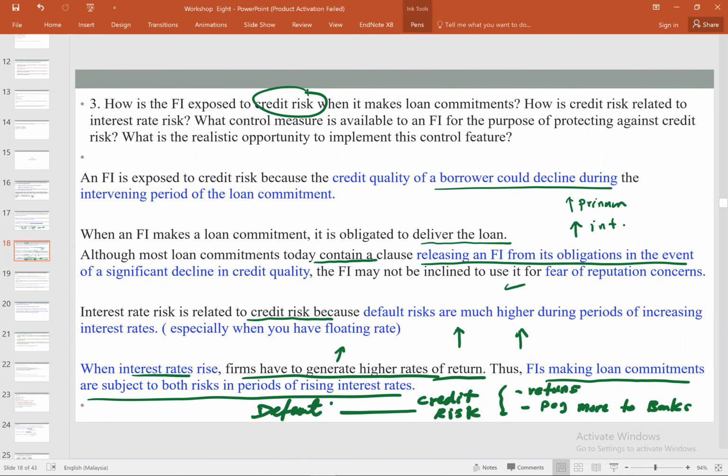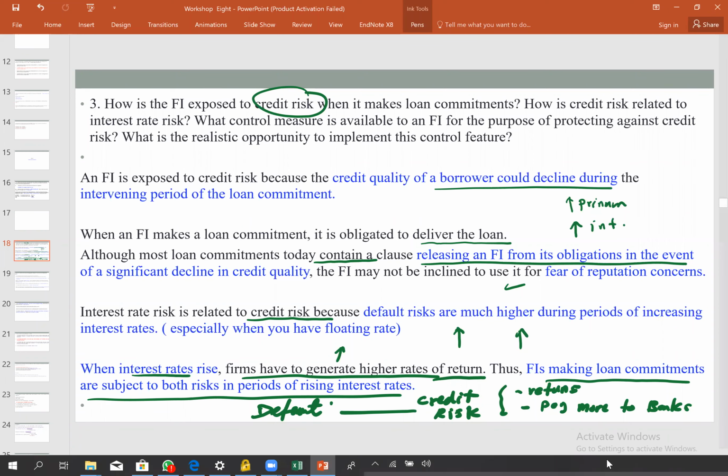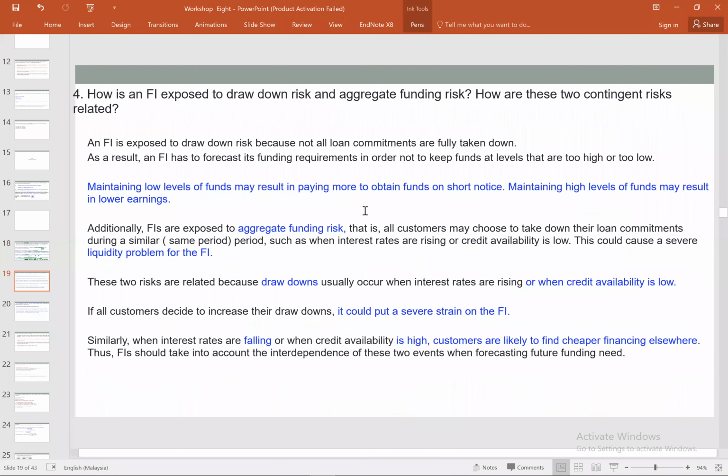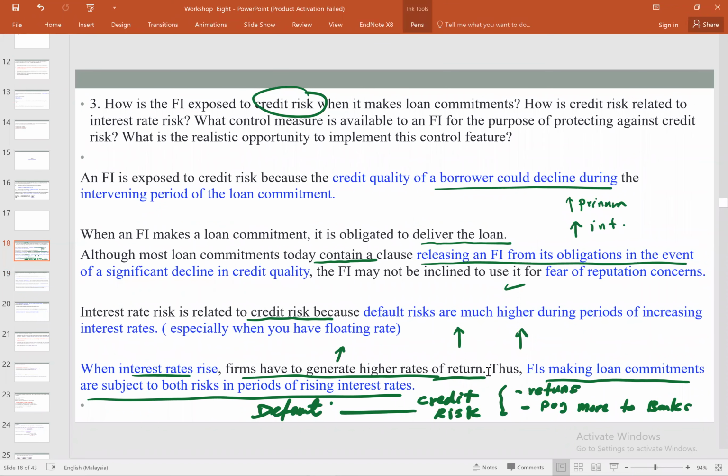So you have interest rate increasing in the future and you have loan commitment, then this is what would happen to the client and to the bank. Of course, the client will be under pressure, and he may not perform very well, and at the end of the day he will go to credit risk.